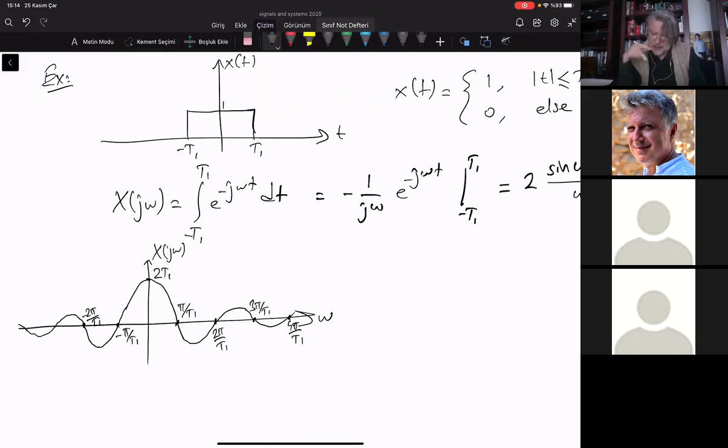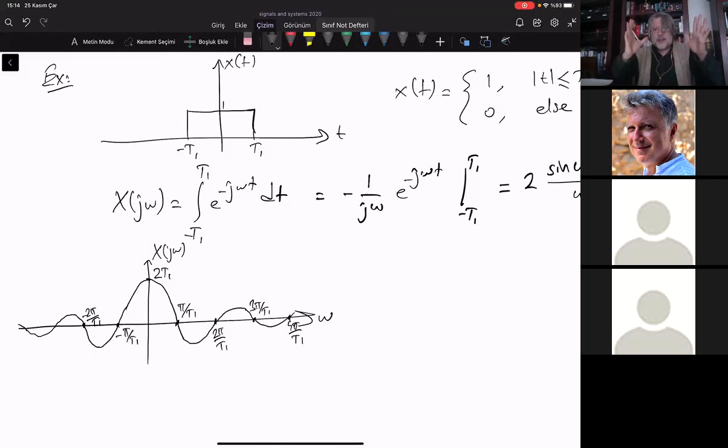And if t1 is larger, look at the shape of the Fourier transform, the sinc shape. If t1 is larger, then pi over t1 will be smaller, right? And 2 pi over t1 will also be smaller relatively. So if I'm stretching up my signal, I am squeezing down my Fourier transform. This sinc shape becomes narrower, okay? Like a squeezed version of the top one.